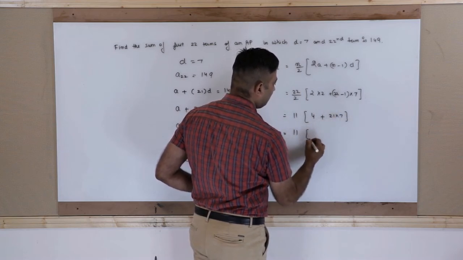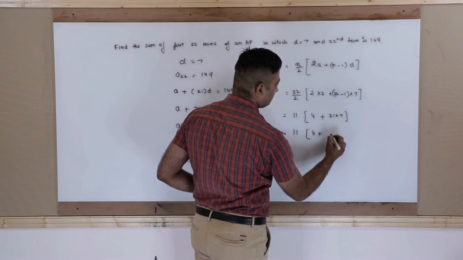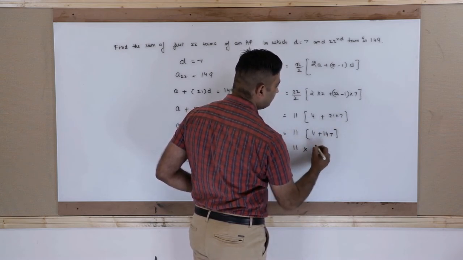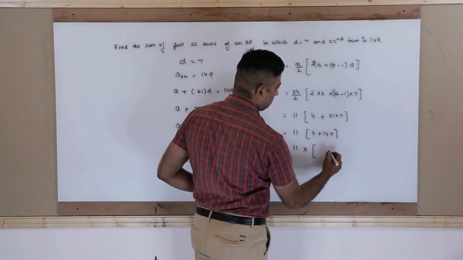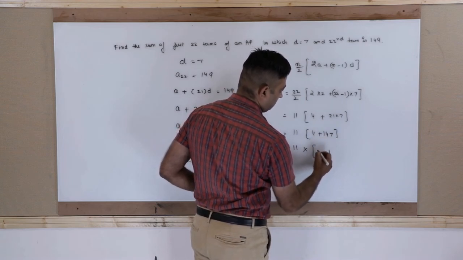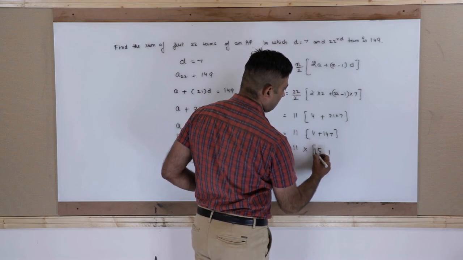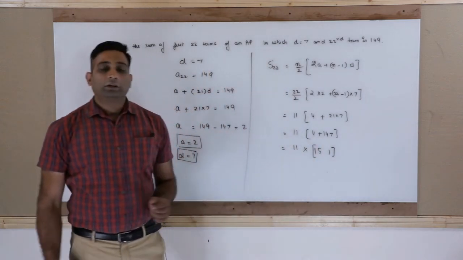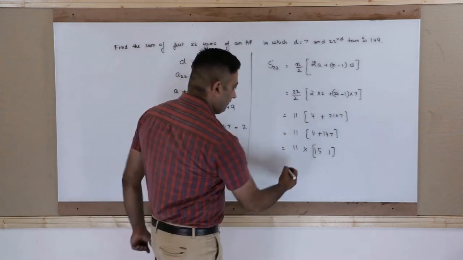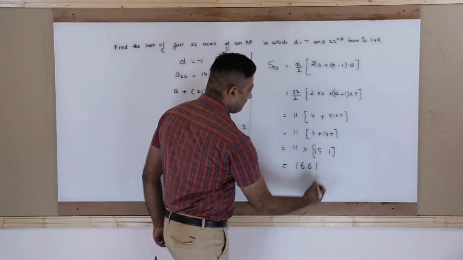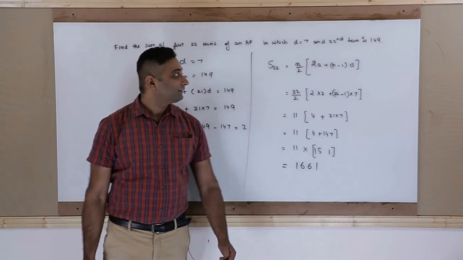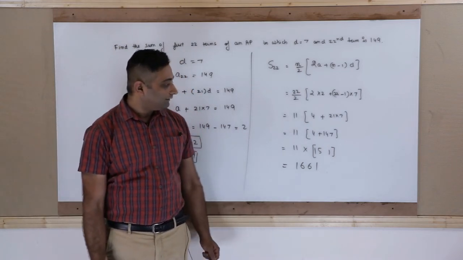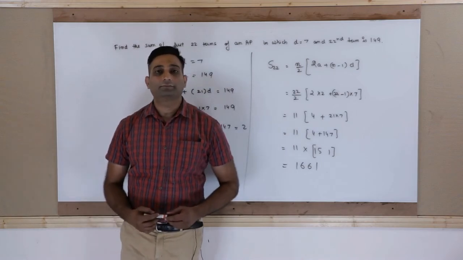That means 11 into (4 plus 147). That means 11 into 151. Now, the answer will be 1661. Hence, the sum of the first 22 terms of this AP is 1661.